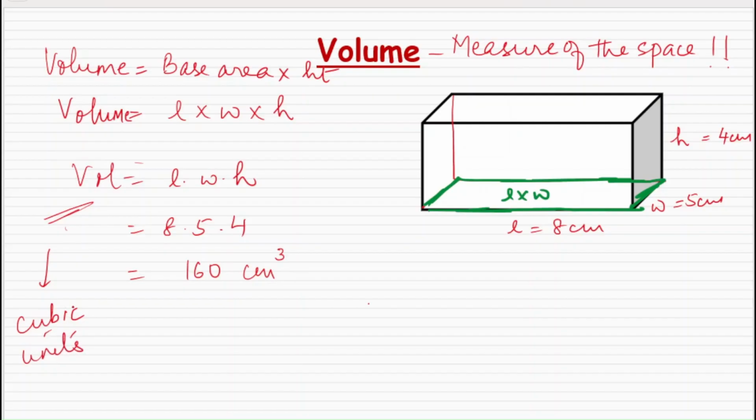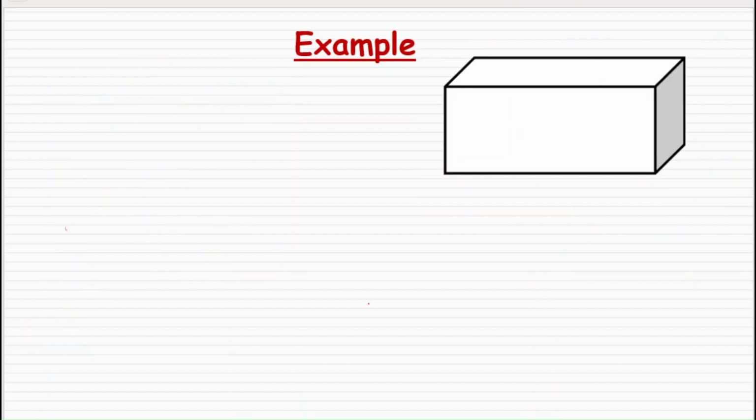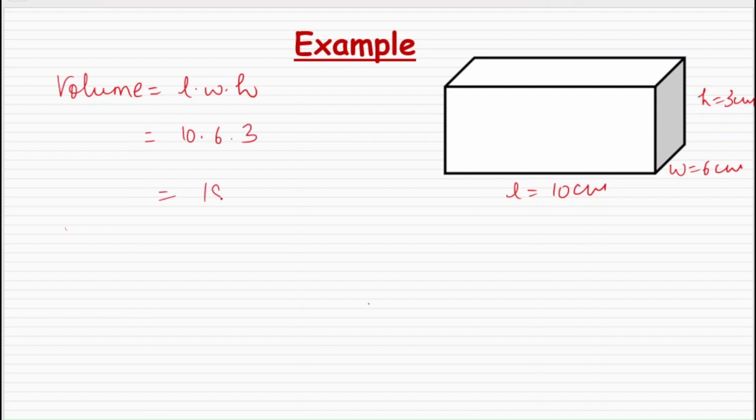The surface area is always in square units, and volume is always in cubic units. Okay, you try one on your own. If the length of this rectangular prism is 10 and the width is, suppose, 6 and the height is 3, so what will be the volume of this rectangular prism? The formula is length times width times height. So 10 times 6 times 3, and the volume is 180 cubic centimeter.